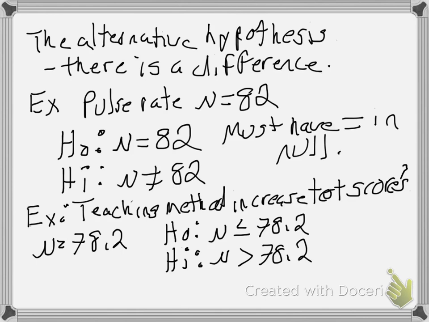Now, let's take a look at one more. Let's say that you're given some sort of a diet, and you found that mu was equal to 187. Now, what do you want to do on a diet? Do you want to gain weight or do you want to lose weight? You want to lose weight, right?